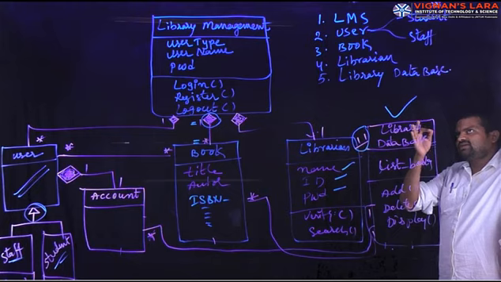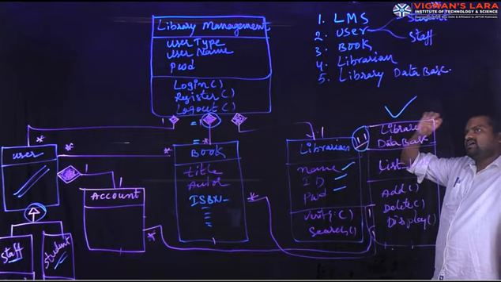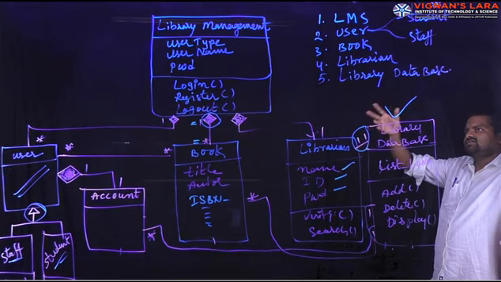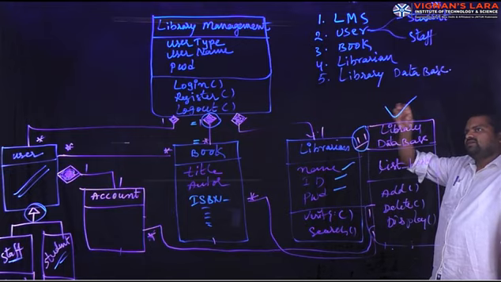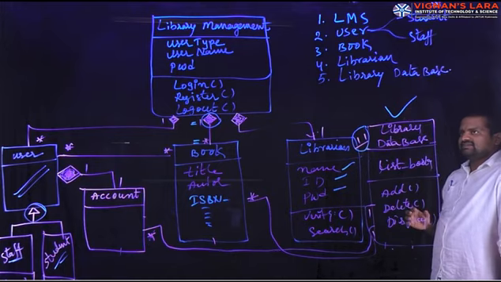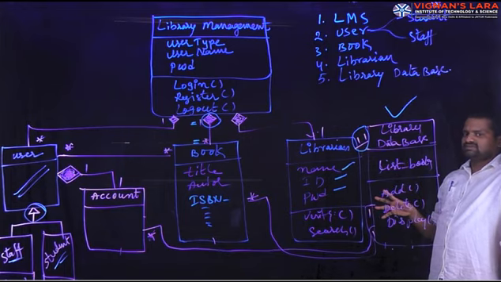The library management system has many users, who are students or staff, and the book has book number, author, and searching. The library has information that you represent in a class, and there is a library database where we search.